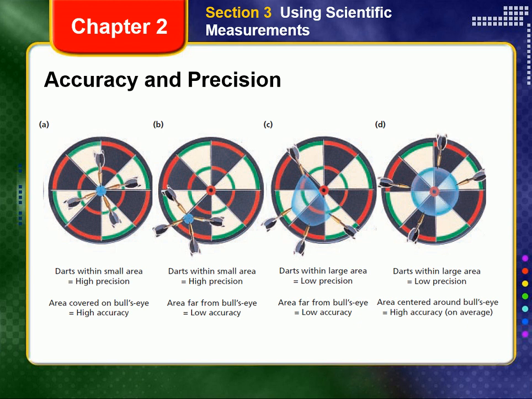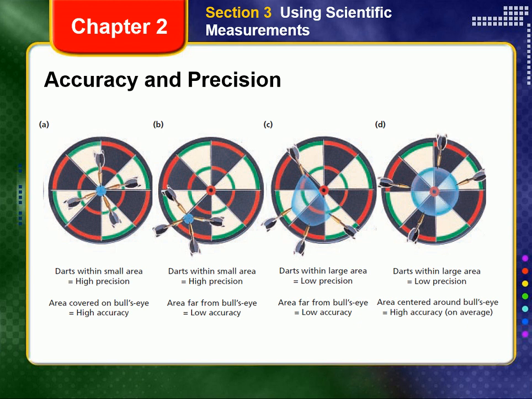In B, the set of results is inaccurate but precise because the darts are far from the bullseye but close to each other. In figure C, the set of results is both inaccurate and imprecise because the darts are far from the bullseye and far from each other.